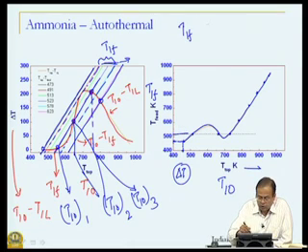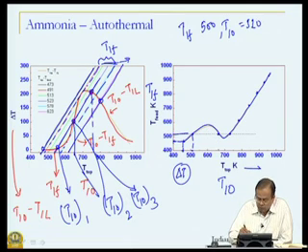So, for a feed temperature of 500, I can have 3 top temperatures, something close to, let us say 520, then 660, let us say, something close to that, and something of a higher value, let us say 730.